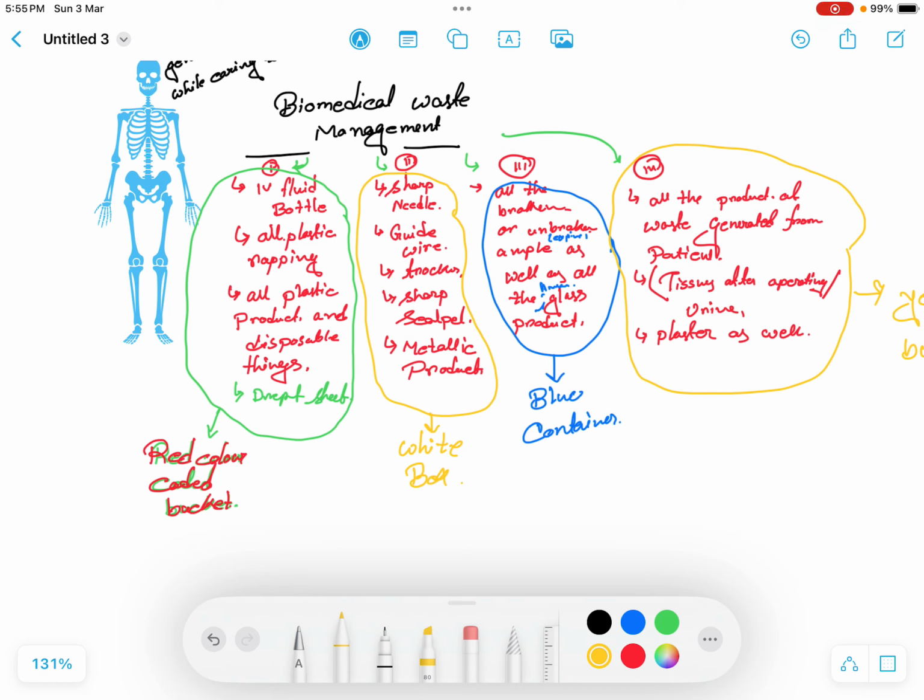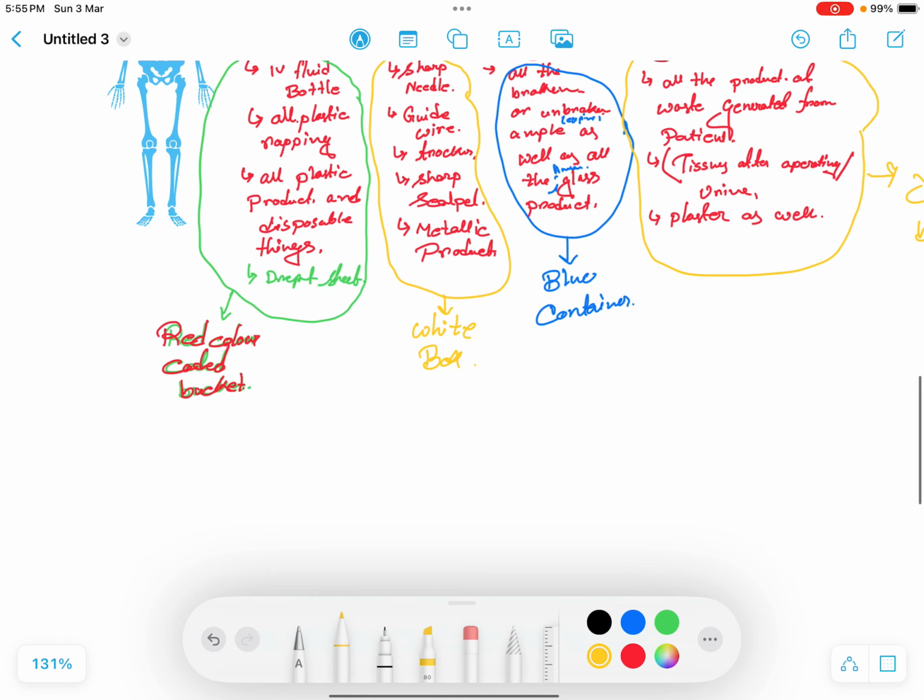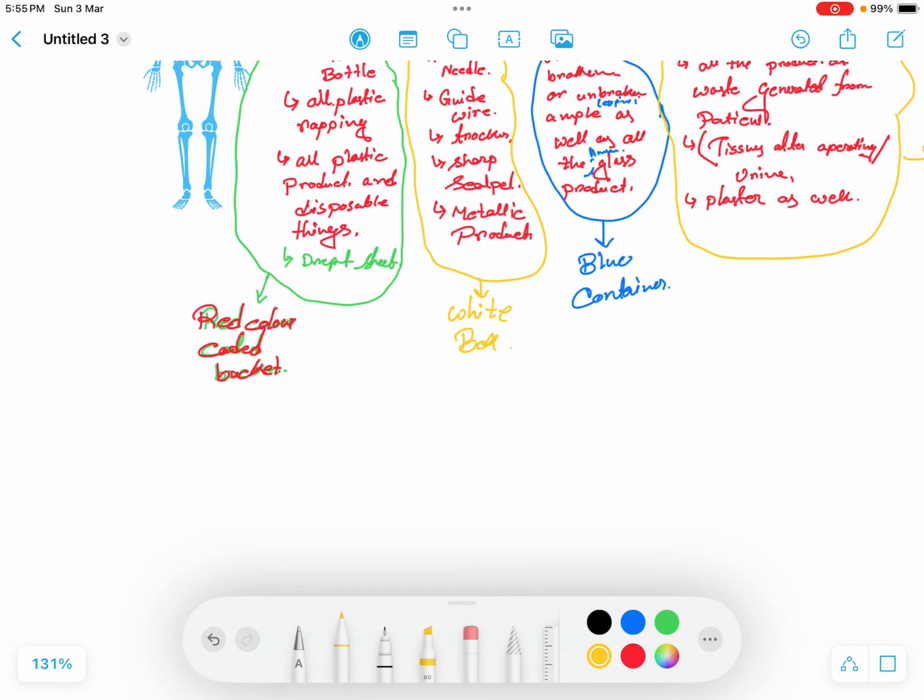So here you have to make sure that after proper waste management, proper spill management is done. So we would like to make a point that is obviously the waste management.